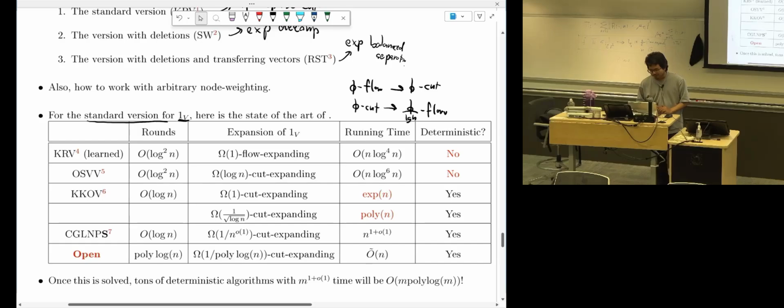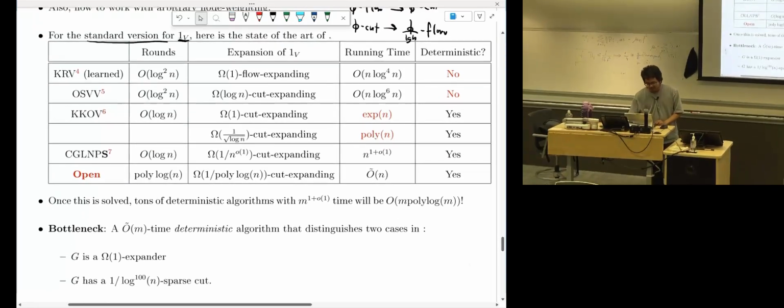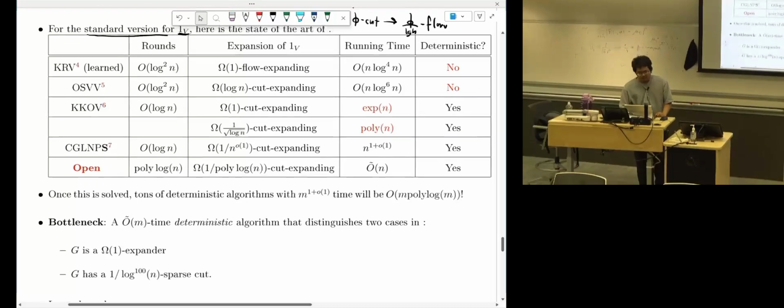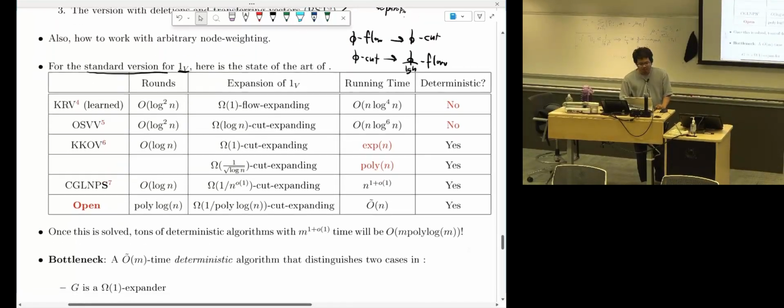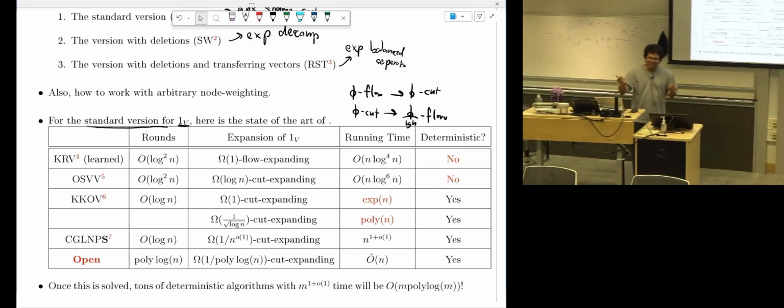Okay. And you will see soon that if you have the cut matching game, then you can approximate the expansion. So approximating expansion in some sense is kind of easier than the cut matching game, because if you have it, you can approximate expansion fast.